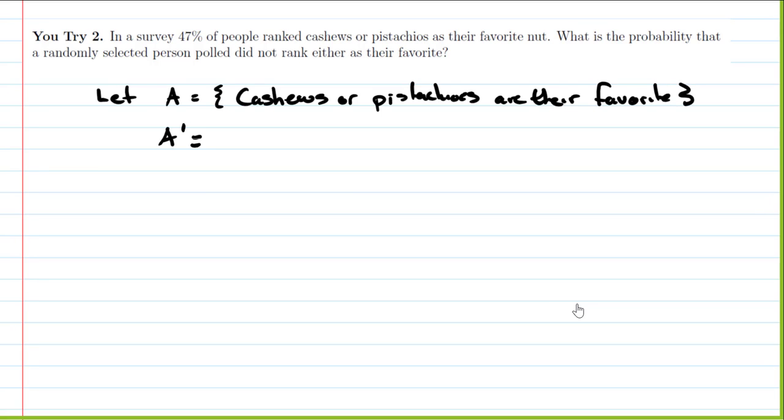Then a complement would be that the favorite is not cashews and pistachios.